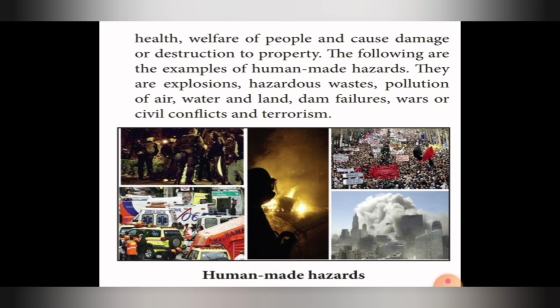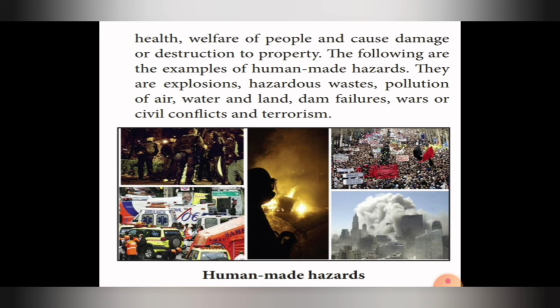So what are the examples for human made hazards they have given? Explosion, okay, bomb blast, that is called explosions. Hazardous waste, அதிகமான வேஸ்ட் பண்ணி நம்ம என்ன பண்ணுறோம், நம்ம லேண்டை பொல்யூட் ஆக்குறோம், ரைட்? Pollution of air, காற்றுல பொல்யூஷன் நம்ம கலக்கிறோம் இல்லையா, by making many smokes, right?